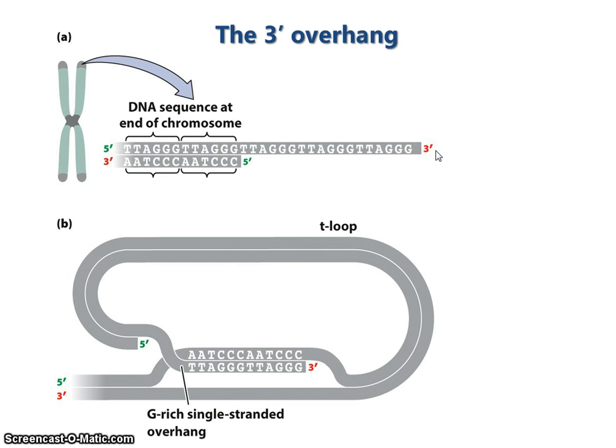Sometimes there's a multi-protein complex that binds to telomeres to prevent degradation of this end. But other times the 3' overhang may bind with an upstream sequence, forming what we call a T-loop. It's this T-loop that means we no longer have a very visible end to the chromosome, and this is what protects it.